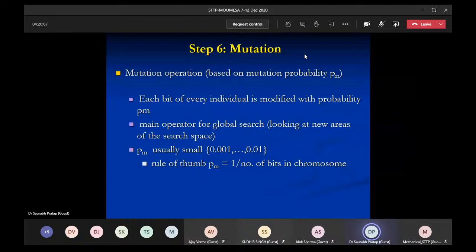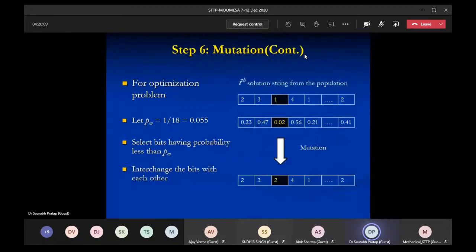This is just a pictorial representation of how the mutation will occur. Actually, the mutation probability depends upon the number of chromosomes. In this scenario we have 18 activities, so we can consider the mutation probability as 1 by 80.